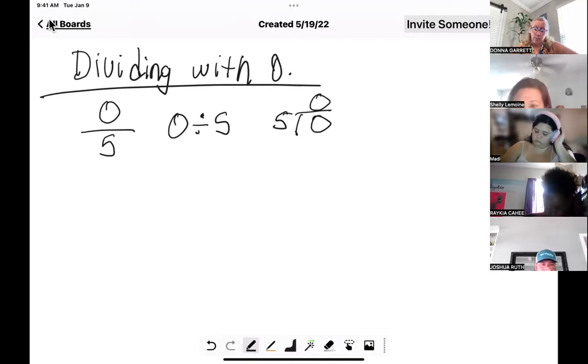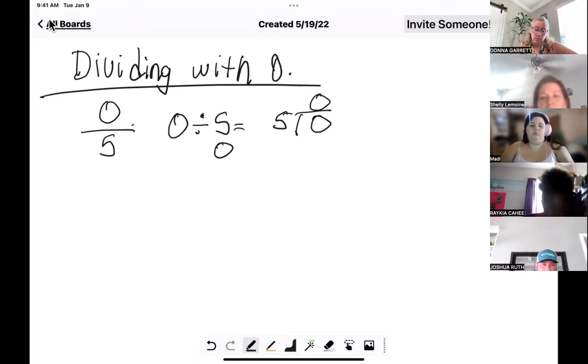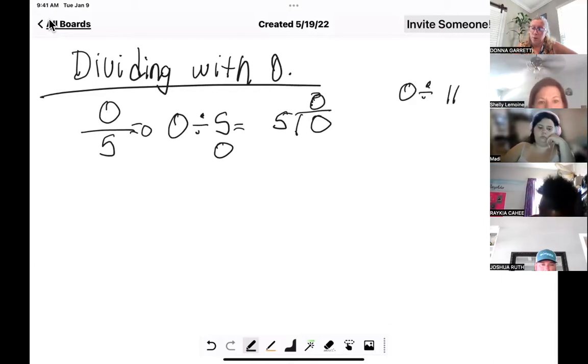The answer is 0. Why? This is how I want you to think of it. Which number do I multiply 5 by to make 0? Well, it has to be 0. 5 times 0 is 0, right? So if you have 0 divided by a number, the answer is always going to be 0.